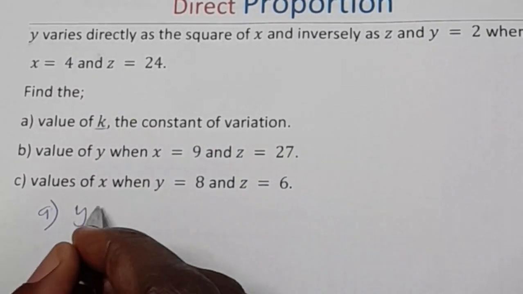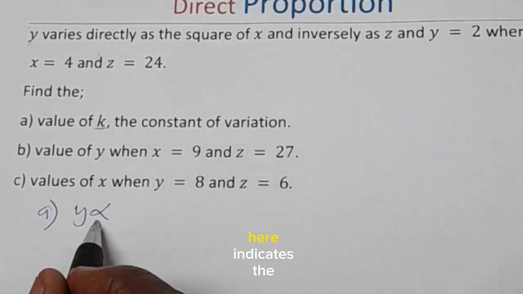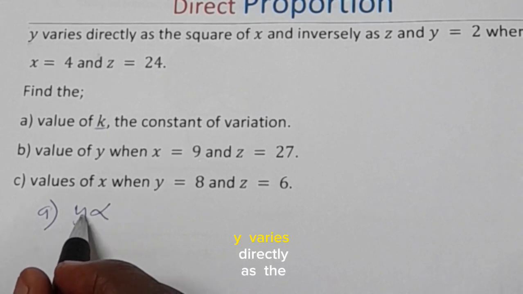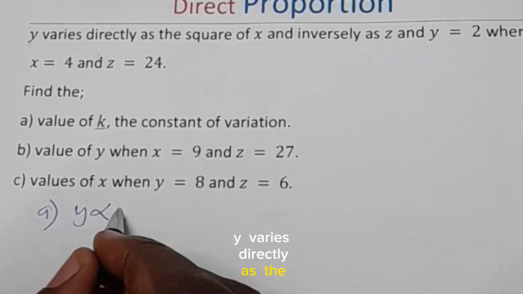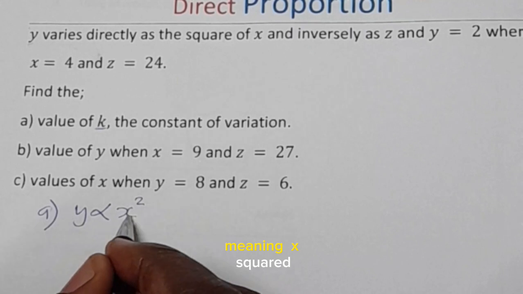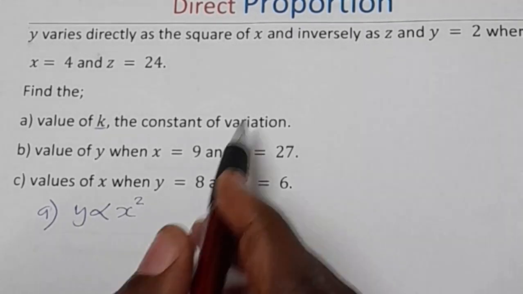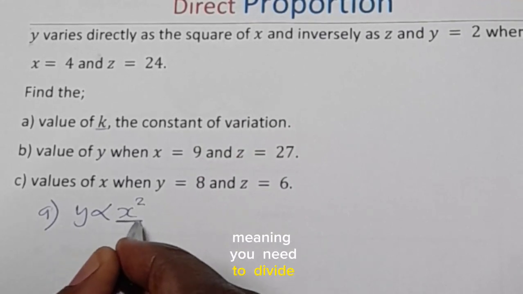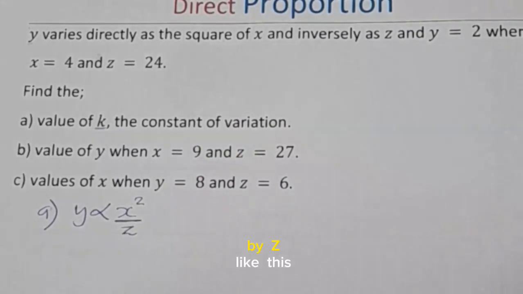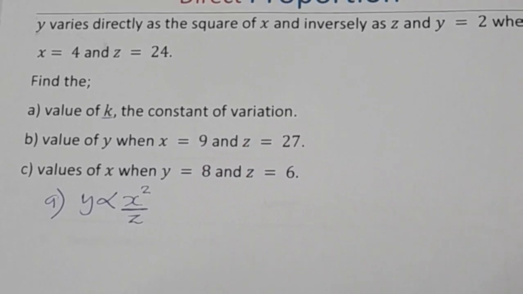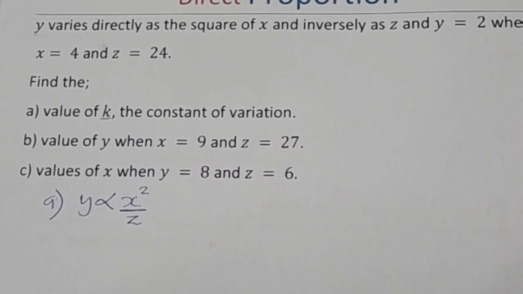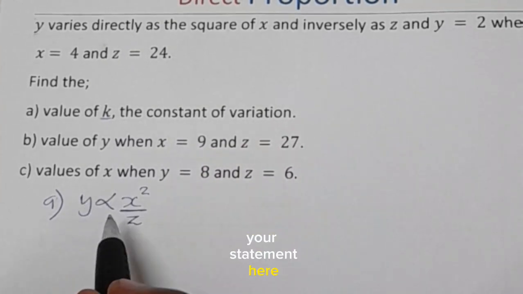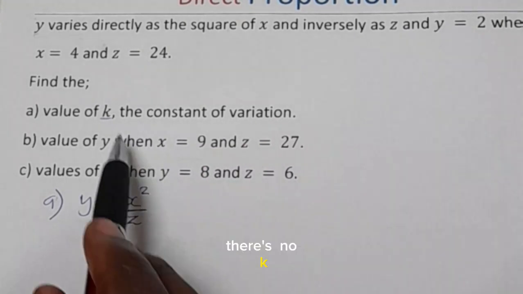y varies. This symbol here indicates direct variation. So y varies directly as the square of x, meaning x squared, and inversely as z, meaning you need to divide by z, like this. When you look at your statement here, there is no k.